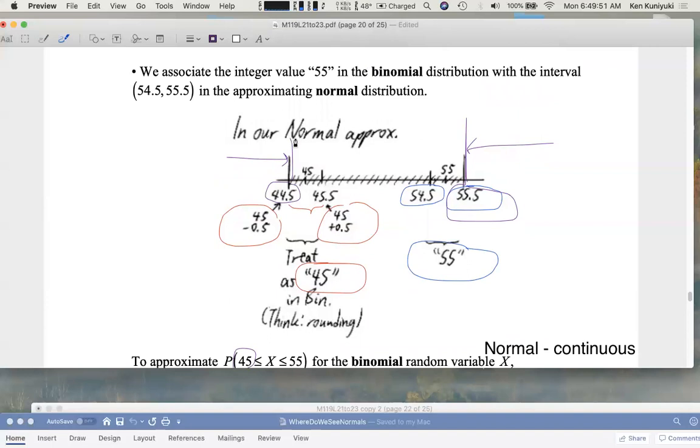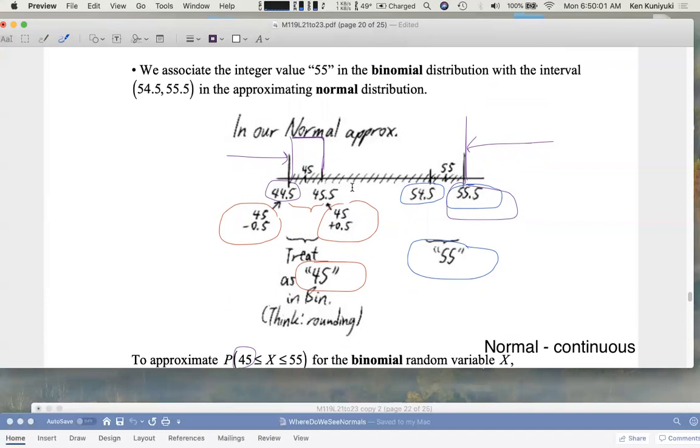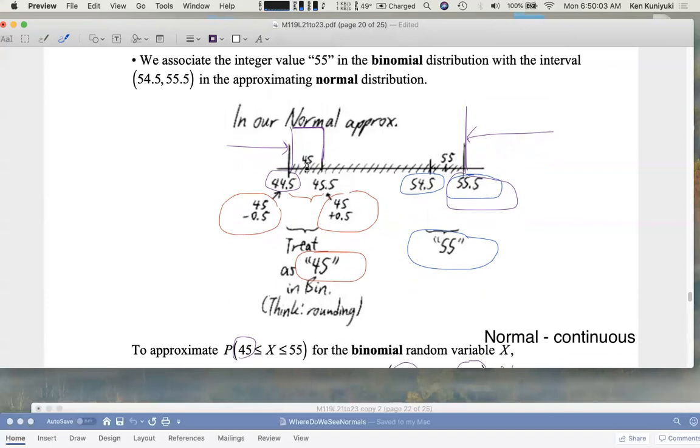Well, really, we're supposed to consider this corresponding binomial bar when we consider adding these various probabilities for the binomial. But if we took the z-score for 45 as our boundary, what happens? We're going to cut this boundary bar in half, and we're going to lose this probability mass over here, which means we're going to be a bit off.